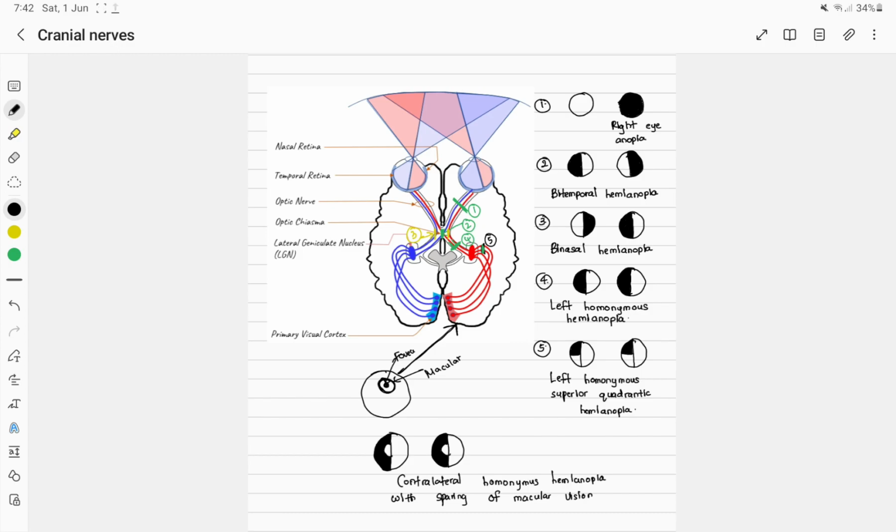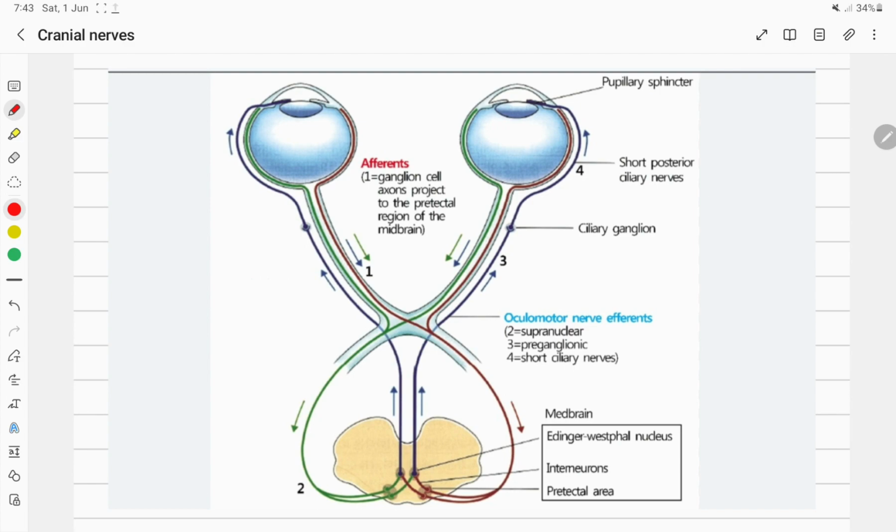Now I am going to discuss the visual reflexes. First I am going to discuss the pupillary light reflex, or direct and consensual light reflex. That means when light is directed to one eye, both pupils constrict. The constriction of the pupil in the light-directed eye is the direct light reflex, and the constriction of the pupil in the other eye is the consensual light reflex.